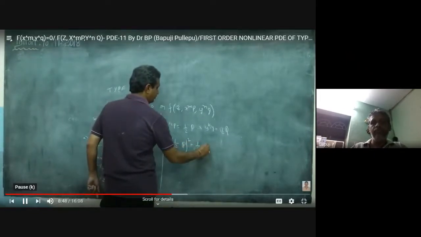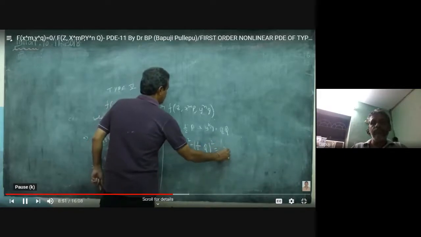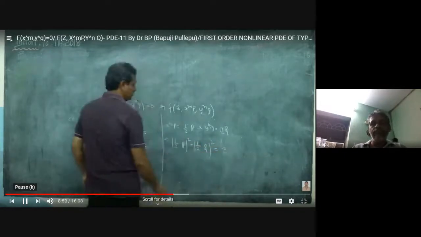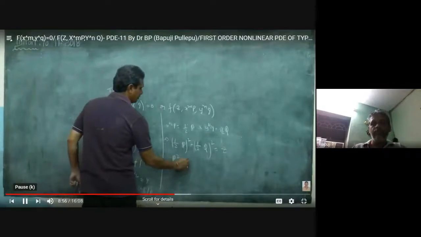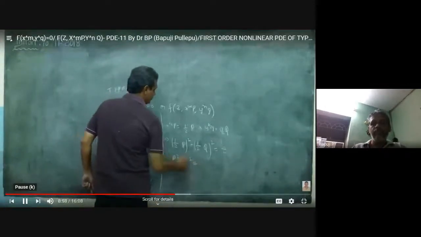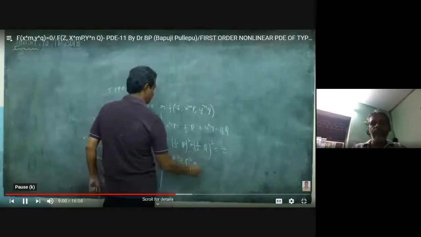Plus 1 by 2 capital Q whole square is equal to Z. This is nothing but P square plus Q square is equal to, 1 by 4, becomes 4Z.